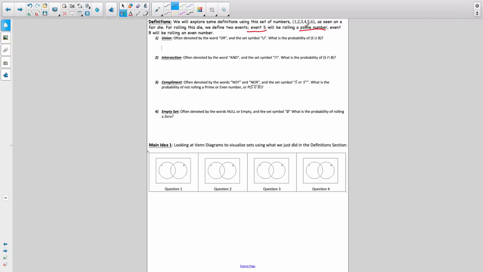Now recall, prime numbers, I'll write it down here in case you forgot. Prime numbers are greater than 1, and they're only divisible by 1 and themselves.